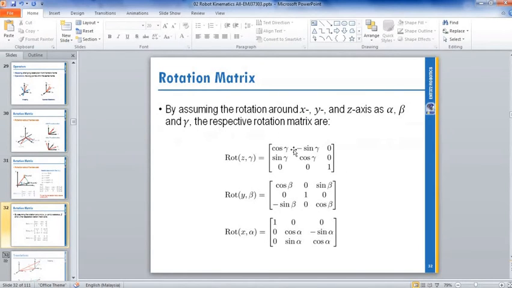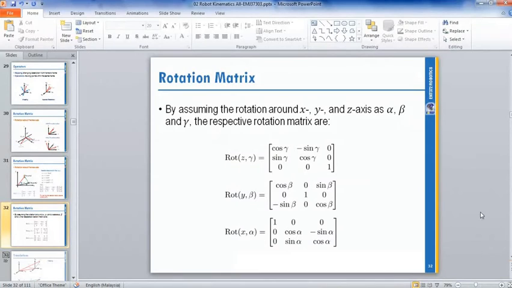Because you use a 4 by 4 matrix, you have x, y, z, and the rest is 0. The diagonal is 1, 1, 1, 1. That one is the translation matrix. This is rotation. If you rotate at the z-axis, you apply this formula. If you rotate on the y-axis, you apply this formula. And if you rotate on the x-axis, you apply this formula.